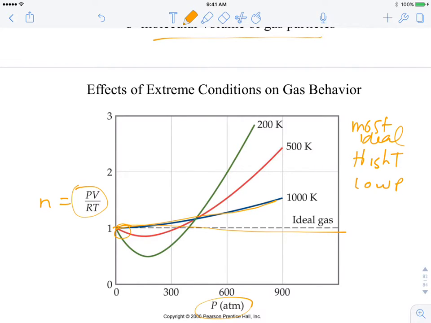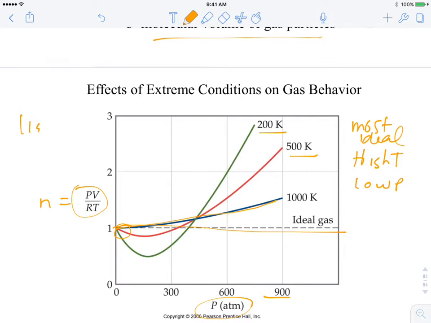Look at what happens when we lower the temperature to 500 or to 200 and we increase the pressure. The gases skew from the ideal gas line here, and you end up with a huge deviation. And eventually what happens is you're going to liquefy the gas. If you lower the temperature and you increase the pressure, you're going to liquefy the gas.